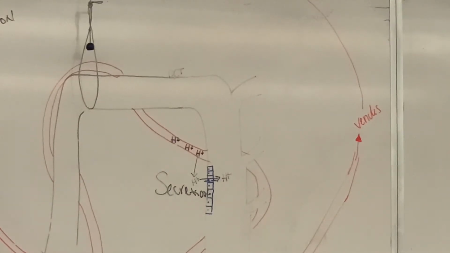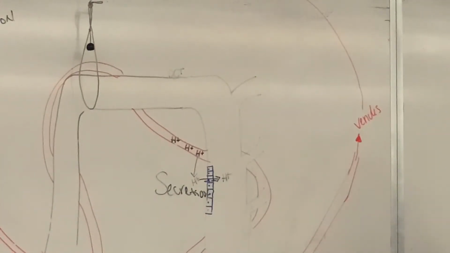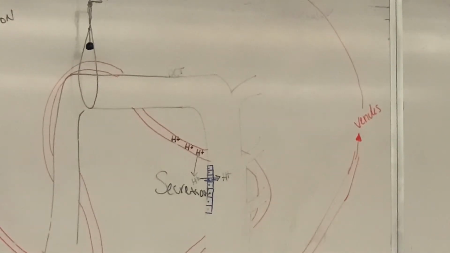So when we do secretion and reabsorption, if what is being secreted or reabsorbed is water soluble, so for reabsorption and secretion, for water soluble molecules and/or ions, we have to use pumps and/or channels.